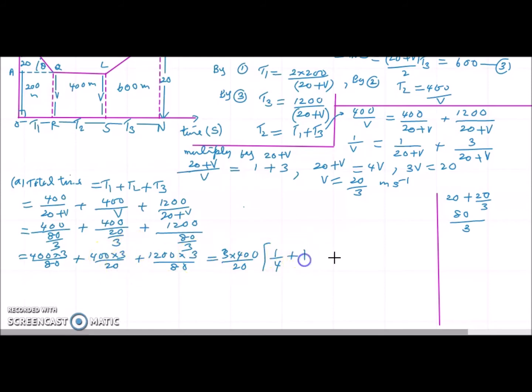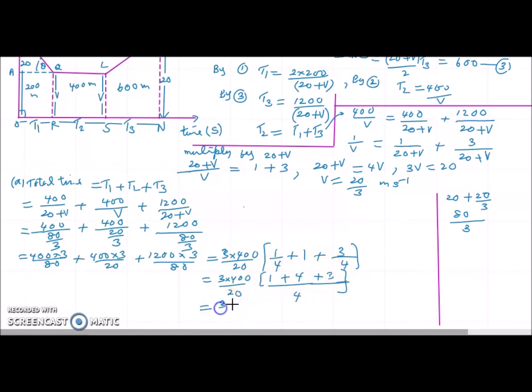Here we get 1 plus 3 into... When we take the factor 400 from this, we get 3. In the denominator we get 4. When we simplify this, we get 4 here. 1 plus 4 by 3, that is 7 by 3 here.